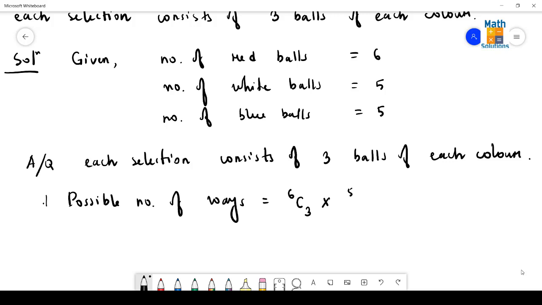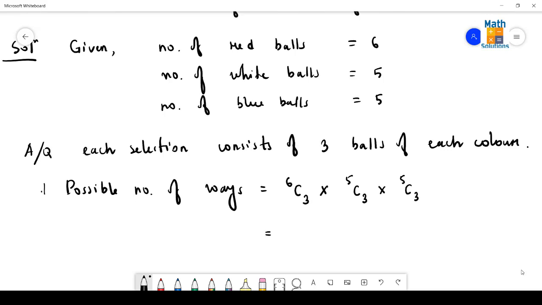Out of 5 white balls I am taking 3 balls, and where there is 'and', again into, I have to choose 3 blue balls out of a total of 5.